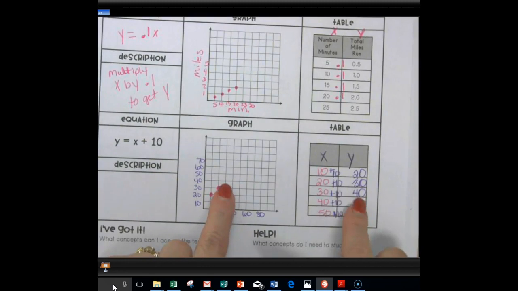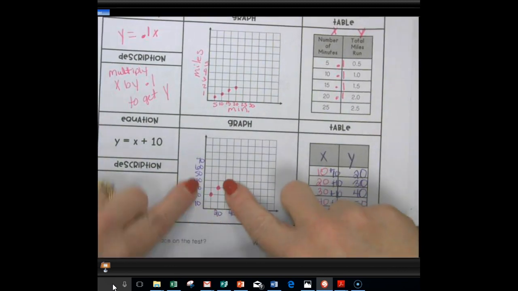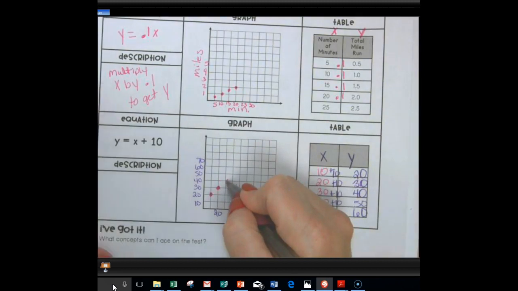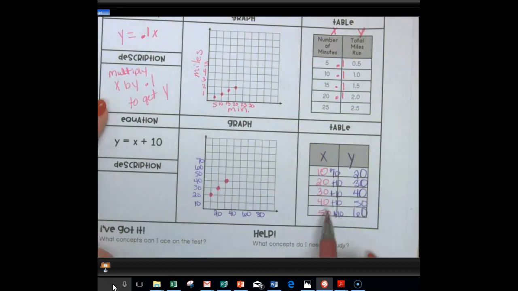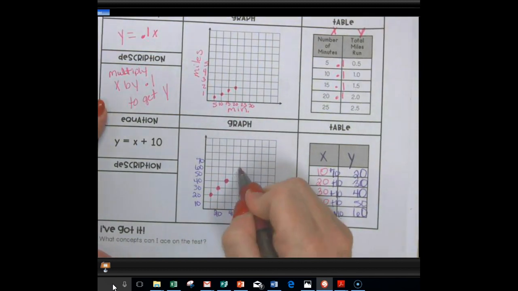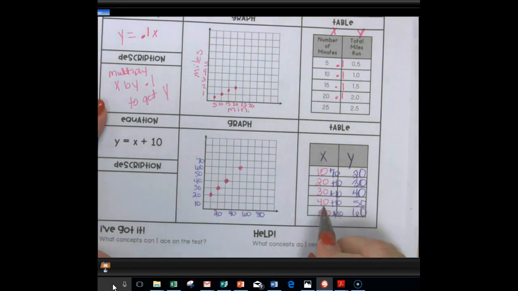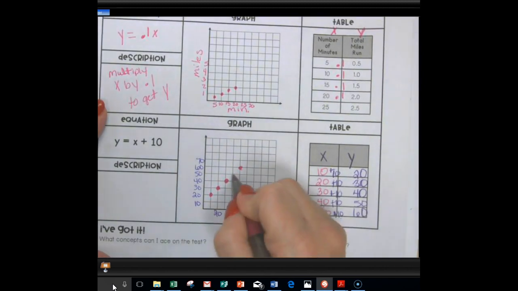And it would be 40. So 30 and 40, they match up right here. 50 and 60. We didn't do 40. 40 and 50.